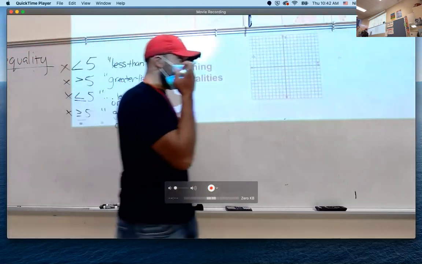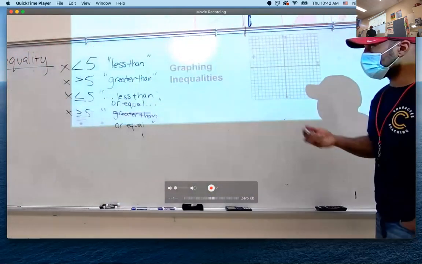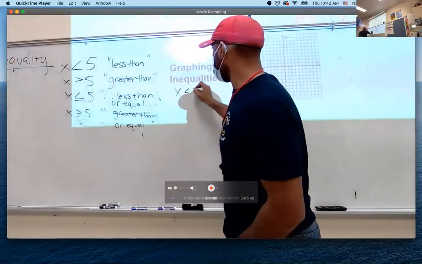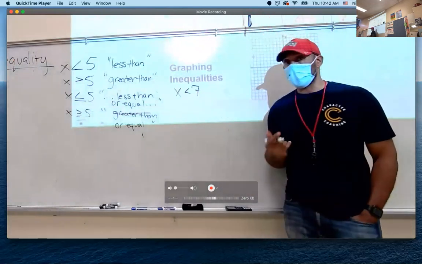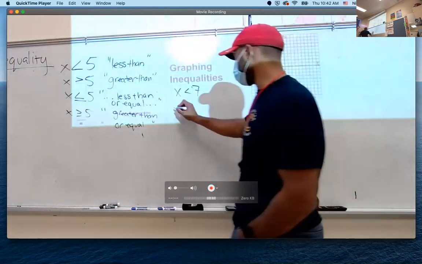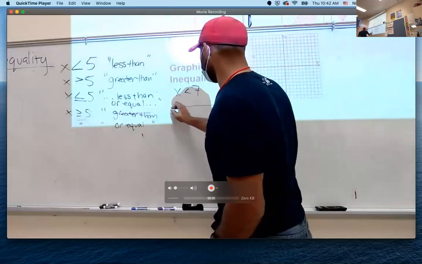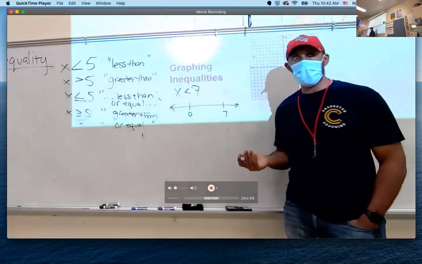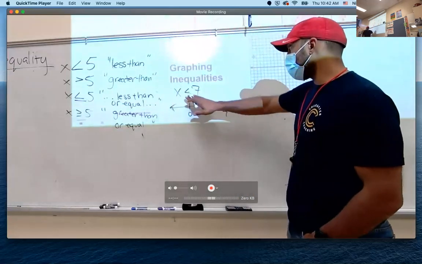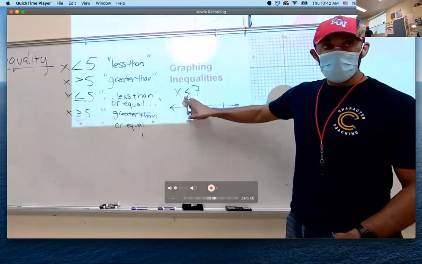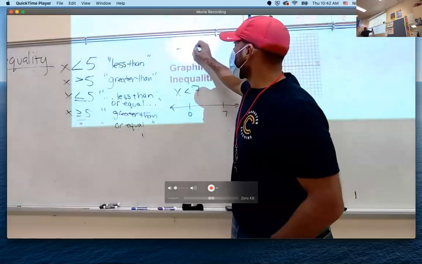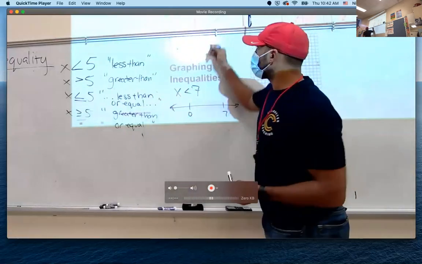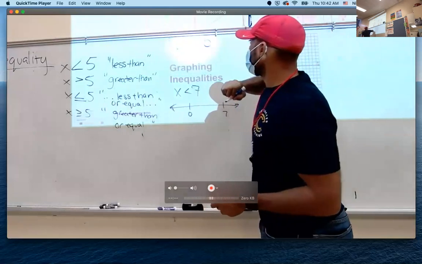Now, the first day you got problems like this. You had something like x is less than 7, and what you had to do was graph that on a number line. I'll put 0 here and then I'll put +7 there. It doesn't matter where you put it. If the symbol did not have an equal sign, what kind of circle did you have to put?